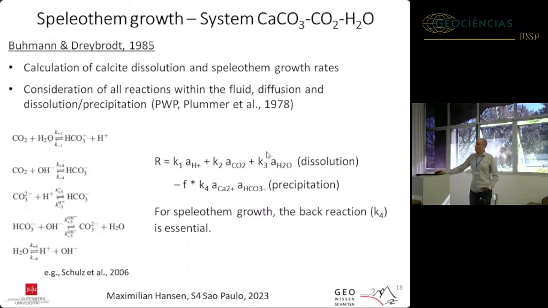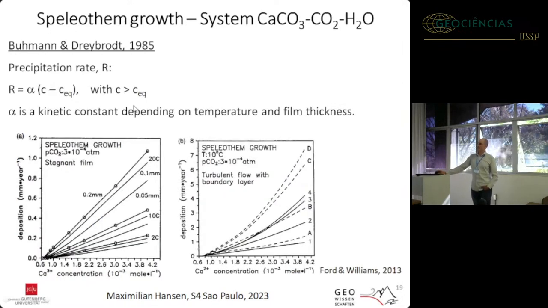And what Wolfgang Breitenbach did then, he took the PWP equation and all these reactions which are going on at the same time, which can be described by differential equations, and derived an approximation, which is pretty good for the deposition rate of speleothems, to one single equation.